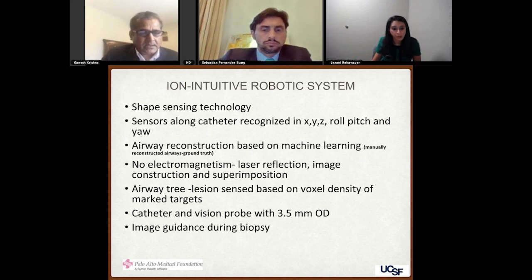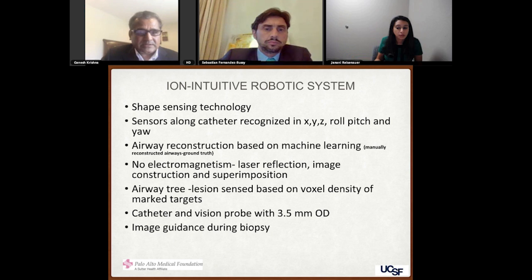We can discuss in detail whether we really need image-guided biopsy. Based on personal experience, and we've done about 150 cases of Ion procedures now, there's not that many patients that have an endoluminal component of these lesions, and others can chime in as to what their experience is. Combined with the fact that if you distend an airway, especially a small airway in the outer third of the lung, you're basically blocking air from getting into it, and the airway will collapse in front of you.